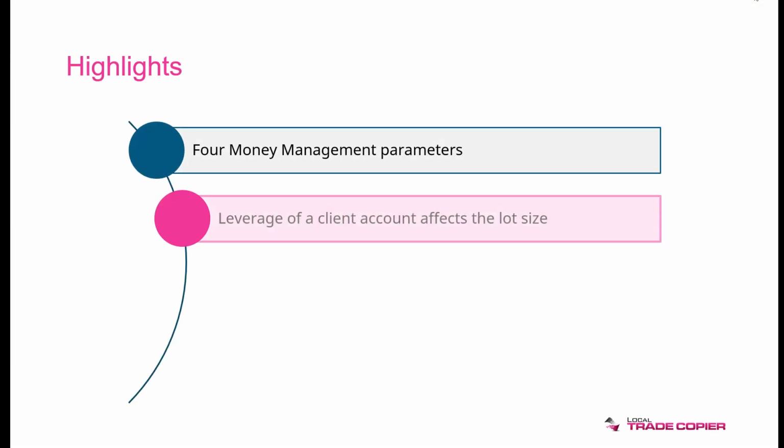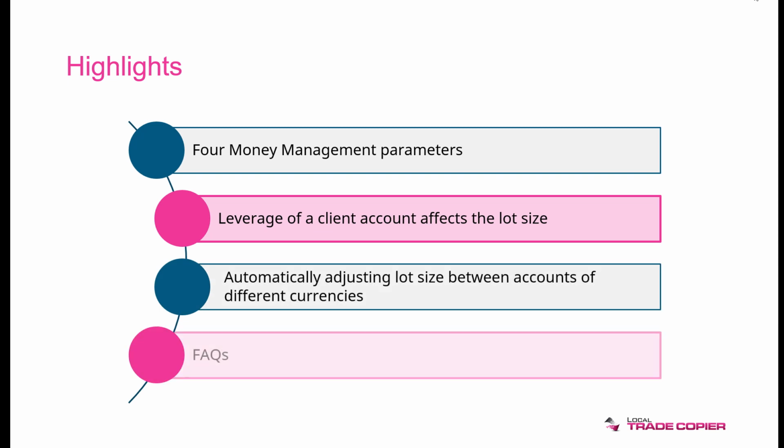So the main highlights in this presentation I want to talk about is that the Local Trade Copier software has 4 money management parameters. We also talk about how leverage of a client account might affect the lot size, so to speak, after copying a trade.